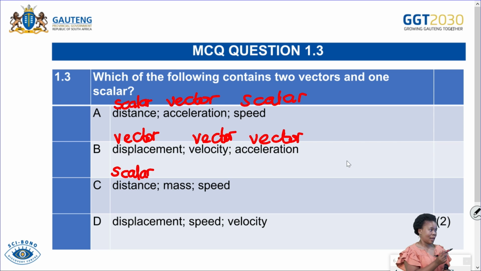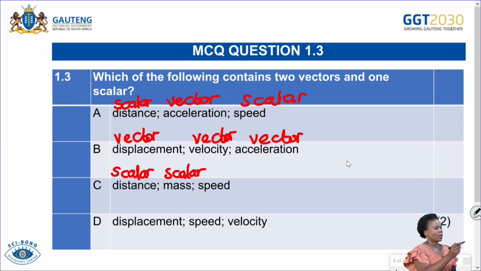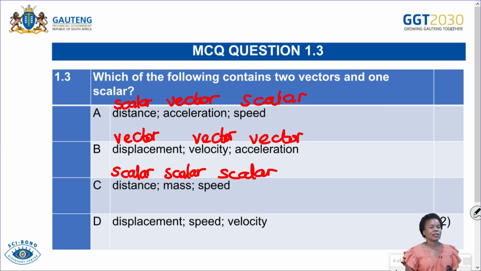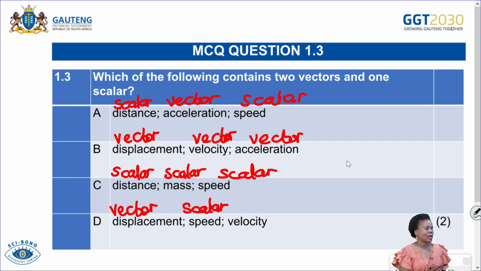Mass is a scalar. Speed is also a scalar quantity. The last option provided to us: displacement is a vector. Speed is a scalar. Velocity is a vector.